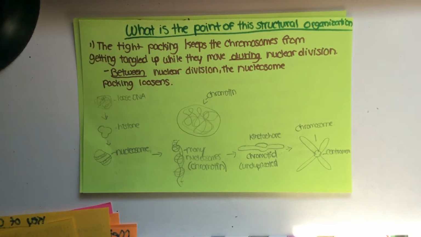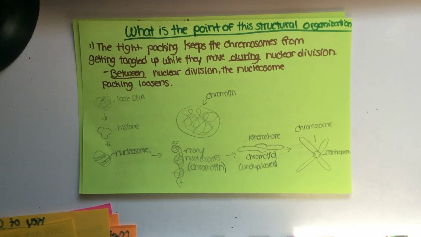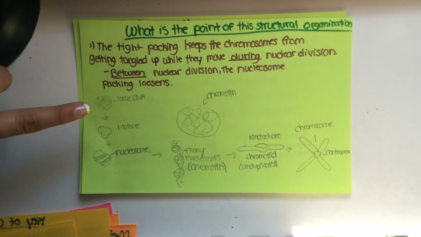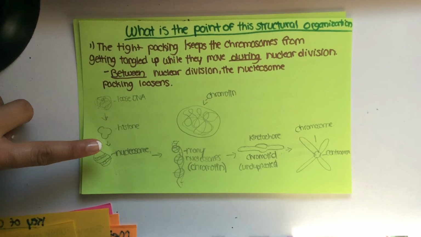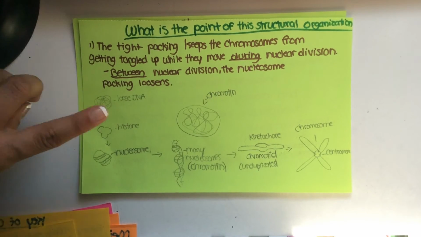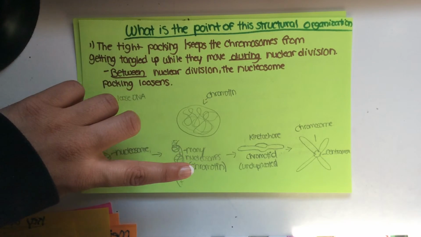So what's the point of this structural organization? The tight packing keeps the chromosomes from getting tangled while they move during nuclear division. Between nuclear divisions, the nucleosome packing loosens. So basically, it starts off as loose DNA, and that's a histone. The loose DNA coils around a histone, making a nucleosome. Then many nucleosomes get attached to more DNA, which makes chromatin.